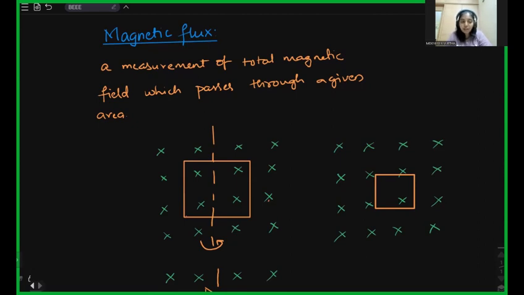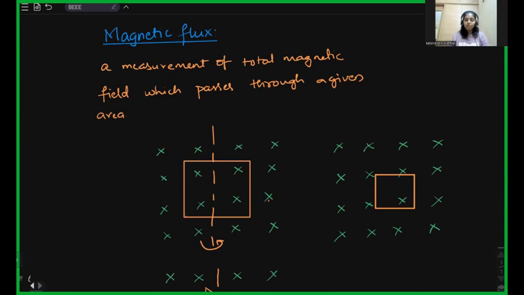I can reduce the area of the square, which is given in the second case. When I reduce the area of the square, automatically the number of field lines passing through the area will reduce. But in practical cases, I can't actually reduce the area of a square or a circle so easily, right?